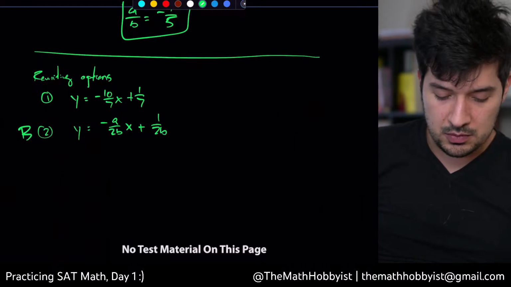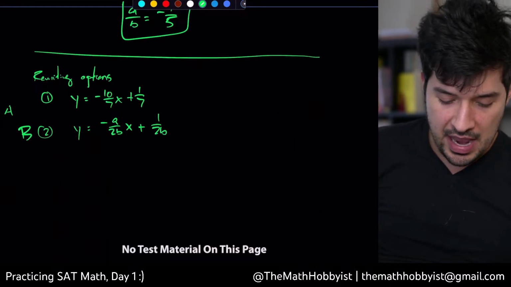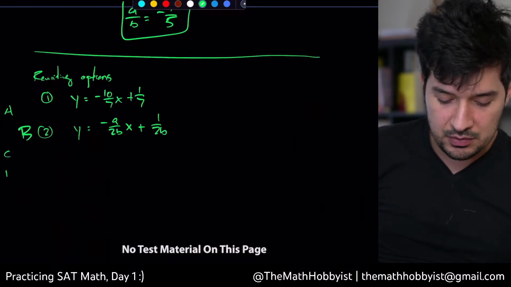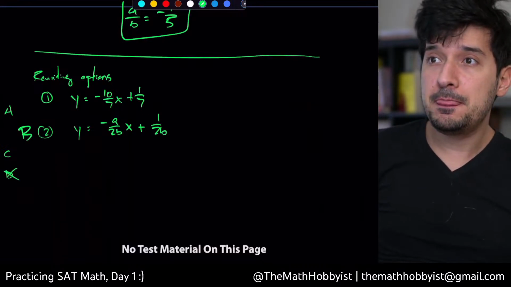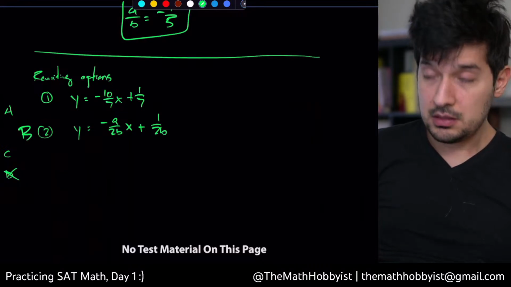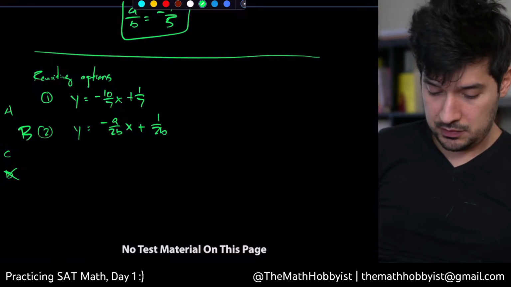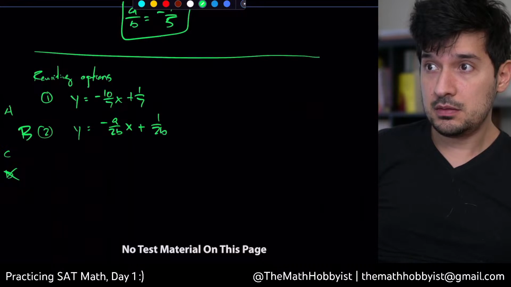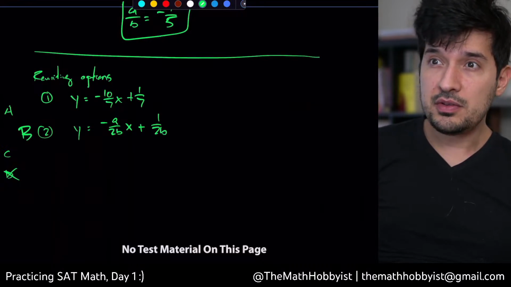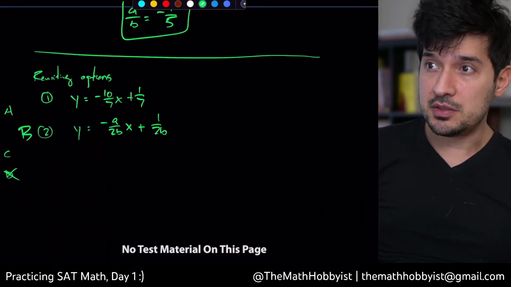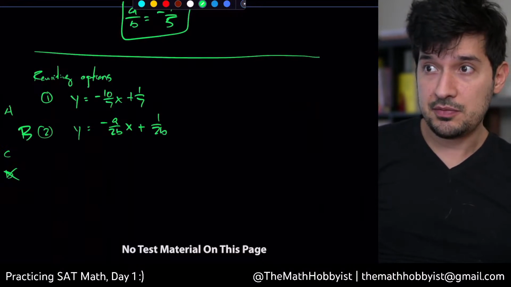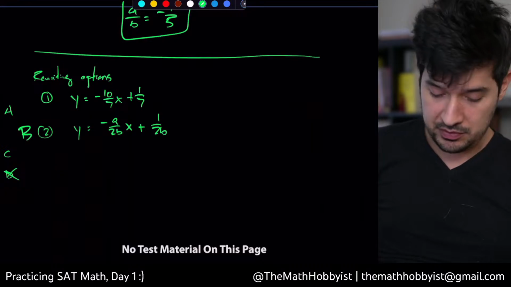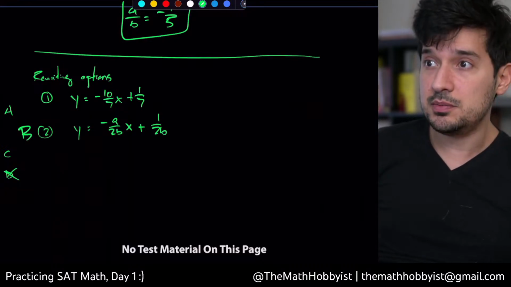You could rewrite the second equation for choice A, B, C, and we had already eliminated D. Negative a over 2b x plus 1 over 2b. It follows that the slope of the graph of the first equation in choice B is negative 10/7. And the slope of the graph of the second equation in choice B is negative a over 2b.